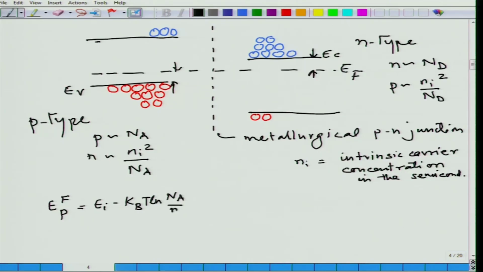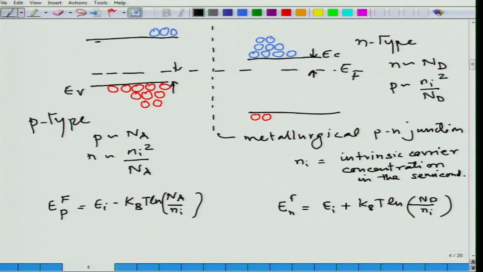Similarly, the Fermi level energy for the n type can be written with the donor concentration divided by Ni.